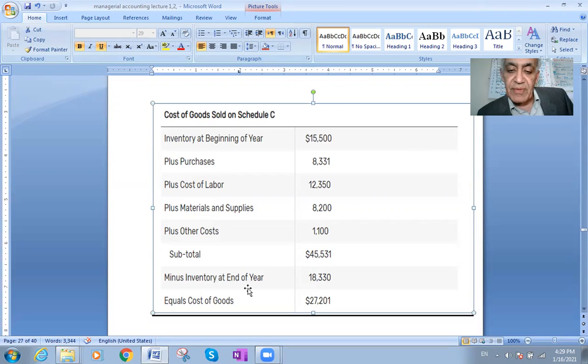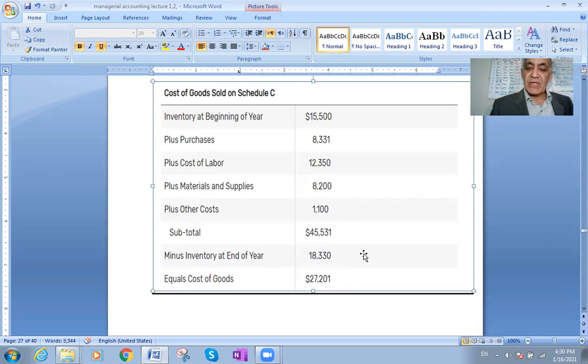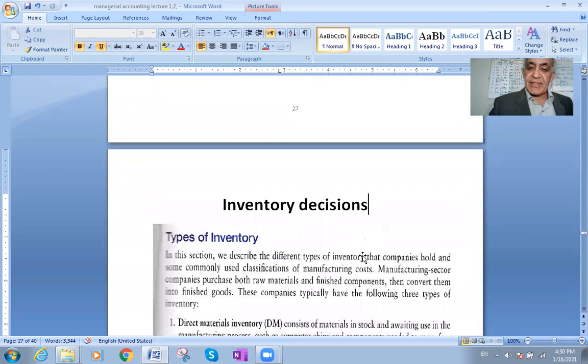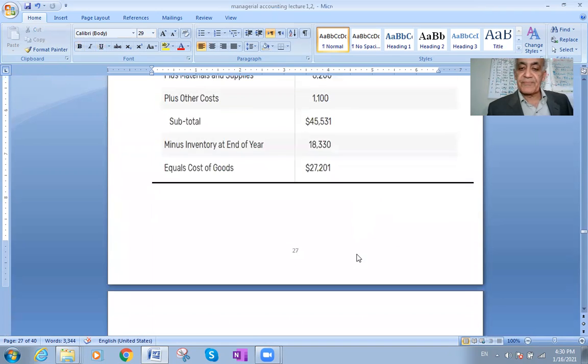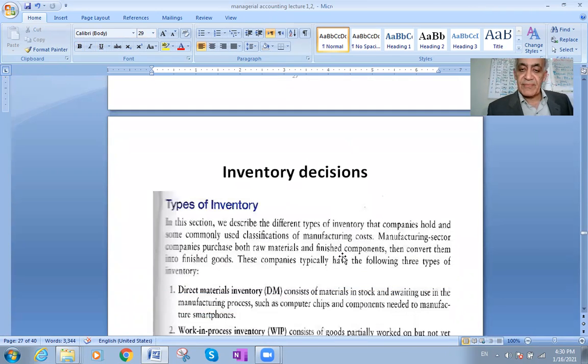I will deduct from them the inventory at the end of the year, 18,330, deducted from 45,531. Then the cost of goods sold will be $27,201. This is regarding the cost of goods sold.